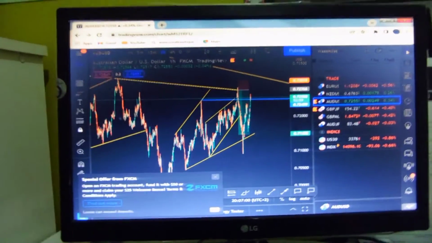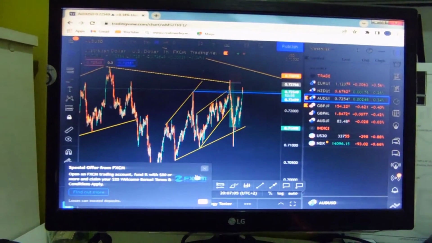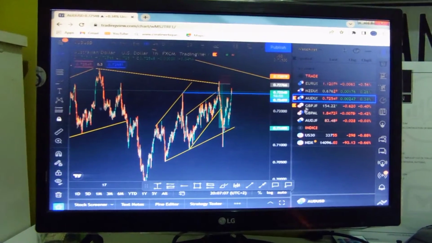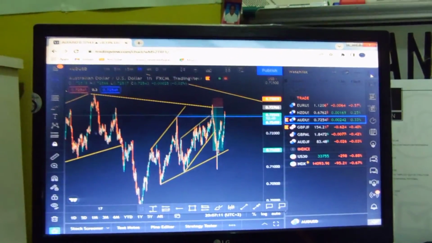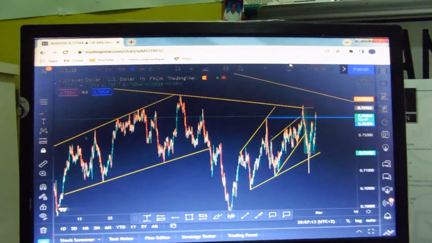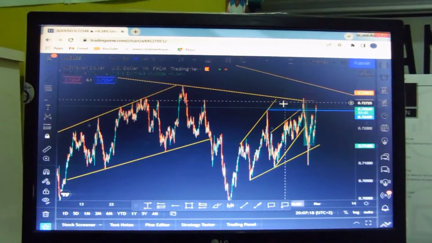AUDUSD. So this is the AUDUSD trade right over here. Let's see what were the things I looked for.